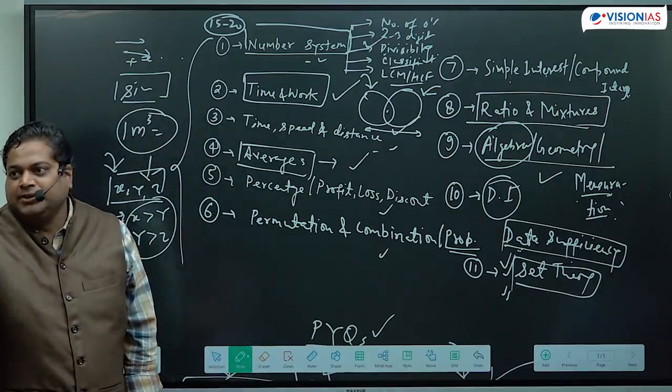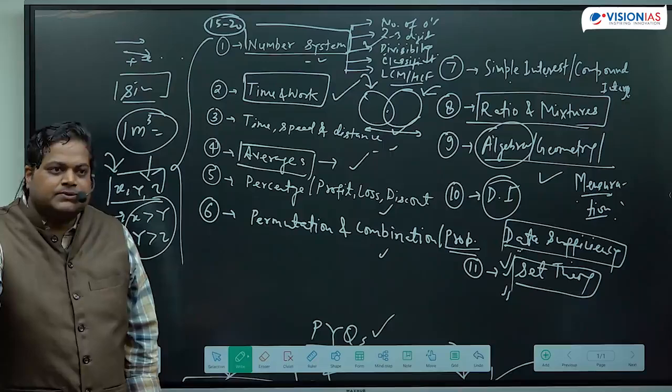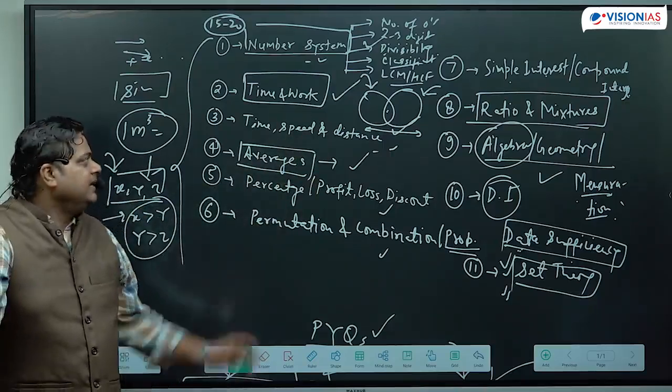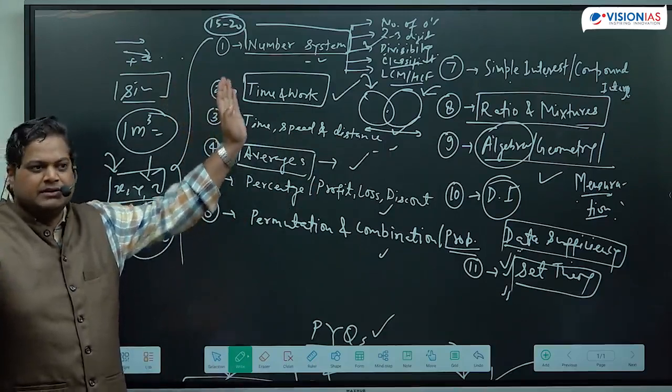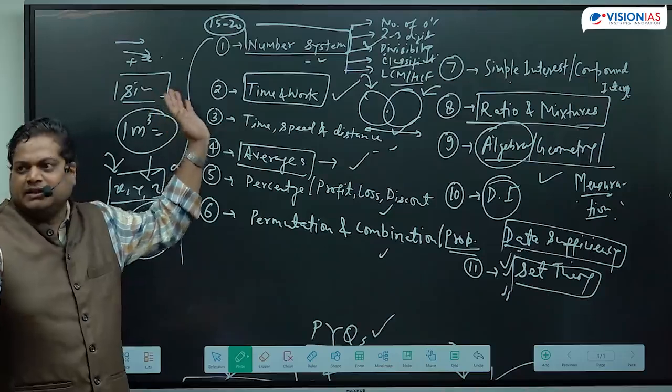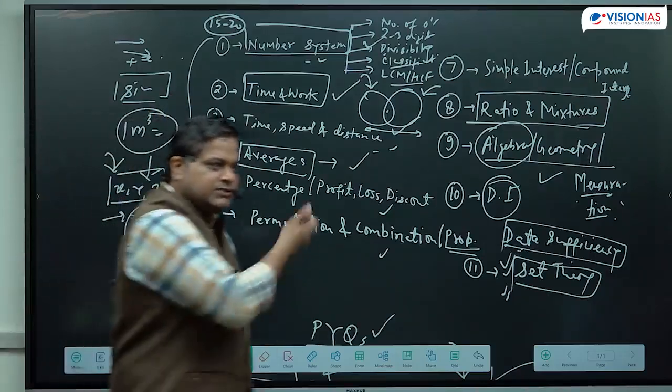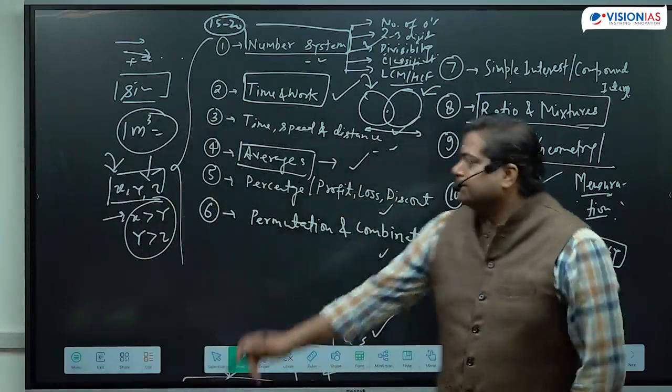This year they asked 20 questions. Last year also like 22, 23 questions. उसके पहले भी 17, then 22. This way they have asked questions from number system. So 50% questions तो यहीं से आ रहे हैं number system से.